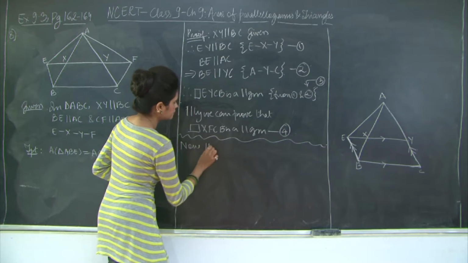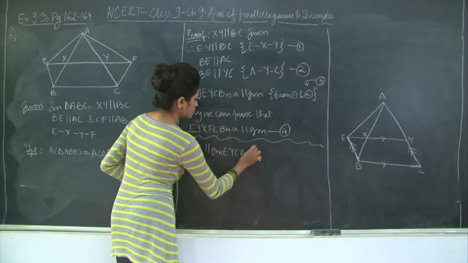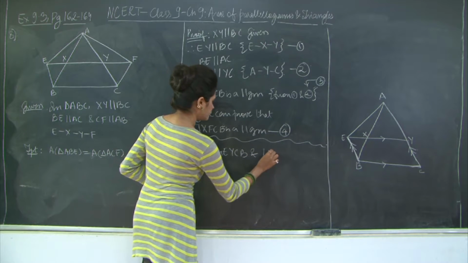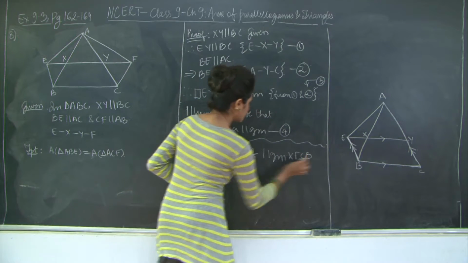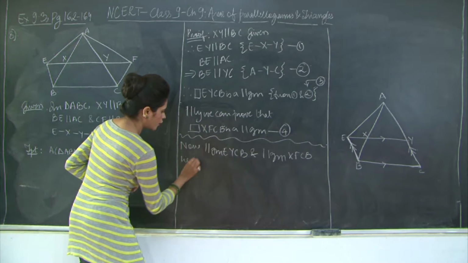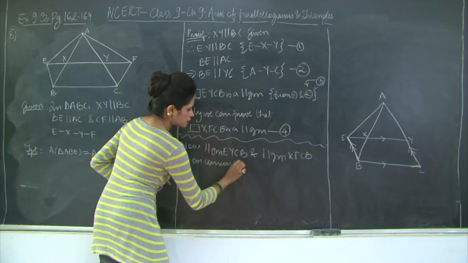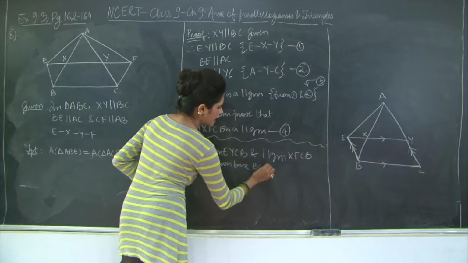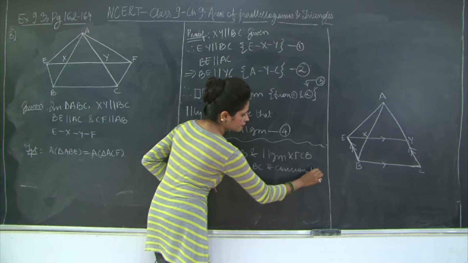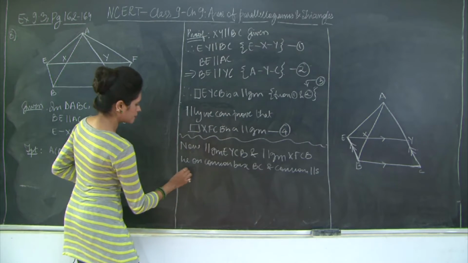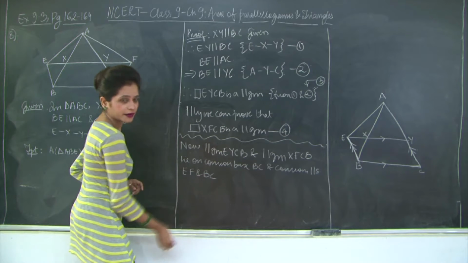Parallelogram EYCB and parallelogram XFCB lie on common base BC and common parallel EF and BC, right?